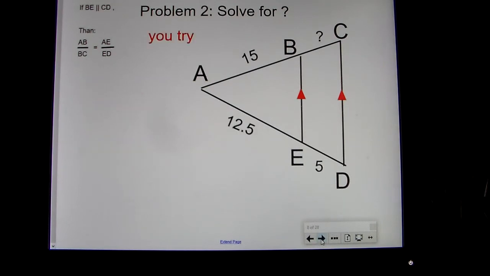Let's do another one. Problem number 2. It's the same setup. AB divided by question mark is equal to 12.5 divided by 5. So let's write that out: 15 divided by question mark is equal to 12.5 divided by 5. We cross multiply. 5 times 15 gets you 75.